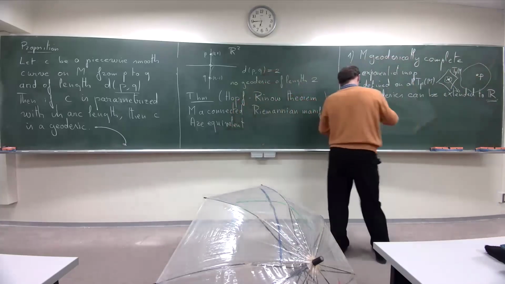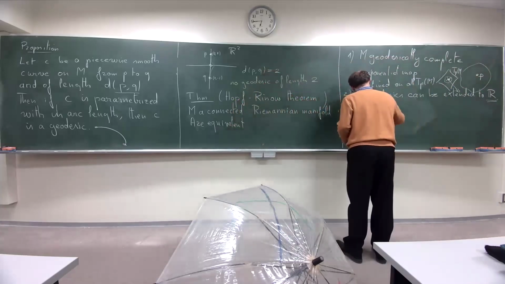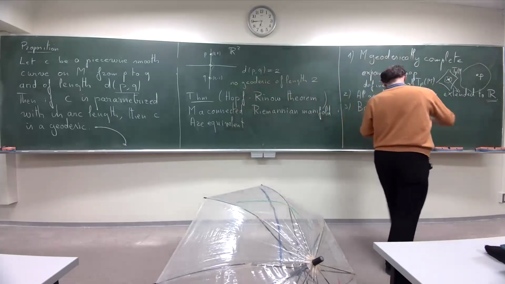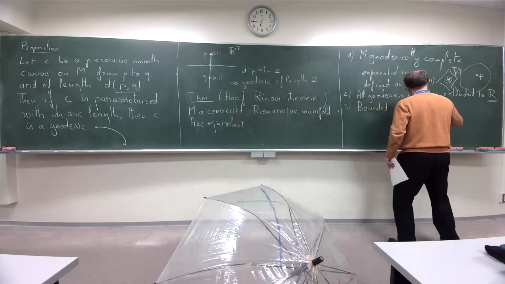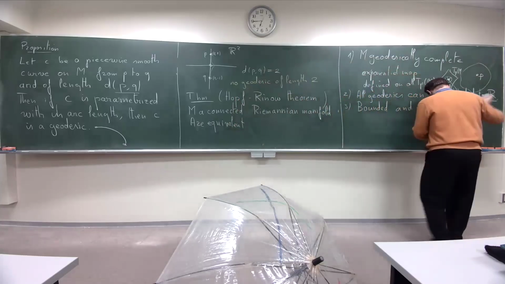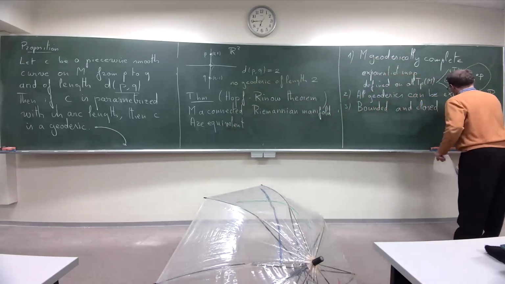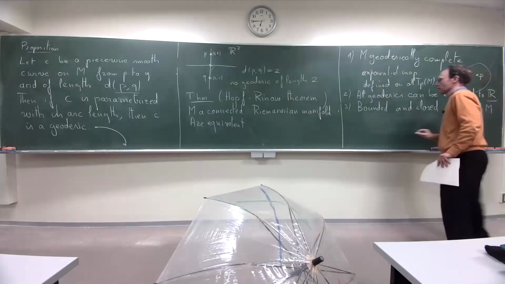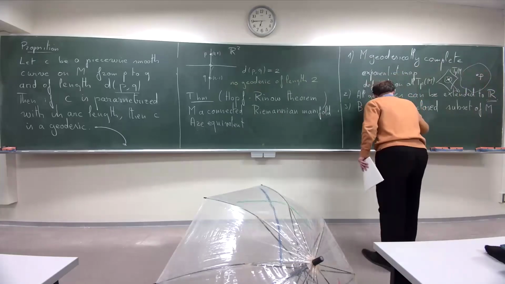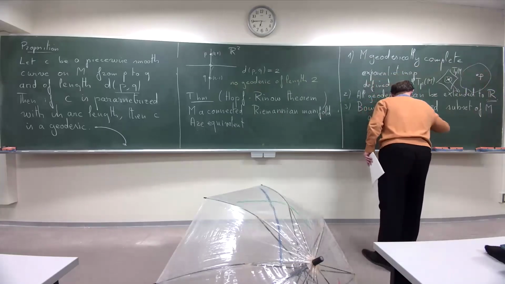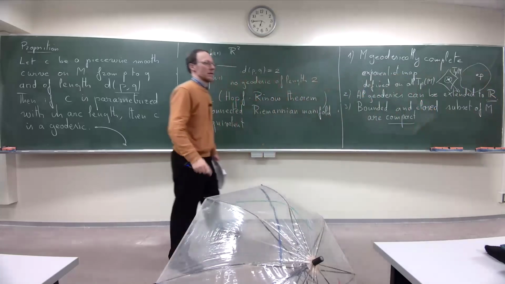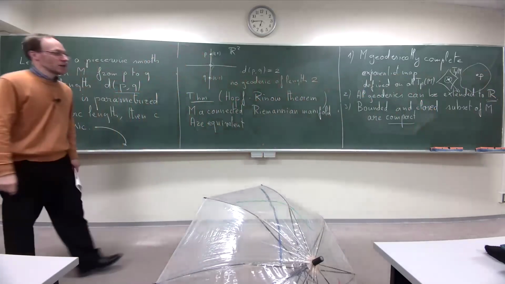A third one, which is much more involved, but I want to mention it. Bounded and closed subsets of M are compact. So I introduced the notion of compact already a long time ago.